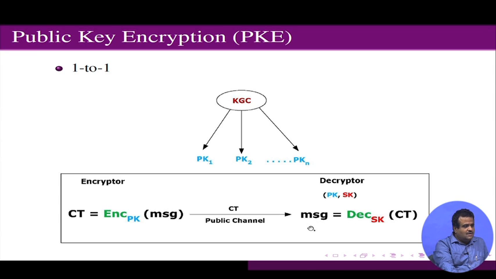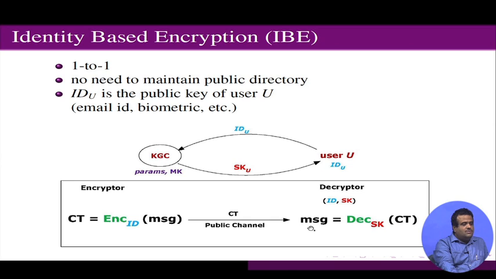Then we discussed the identity based encryption scheme, where this is also one to one correspondence, but here we don't need to maintain any public key directory. We can just use the ID of the user as a public key.